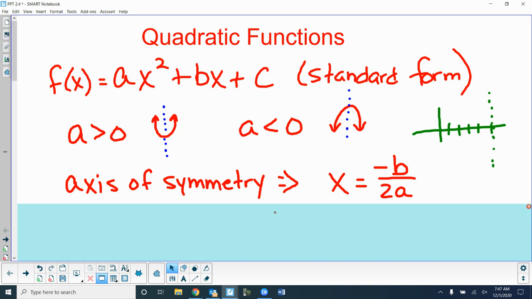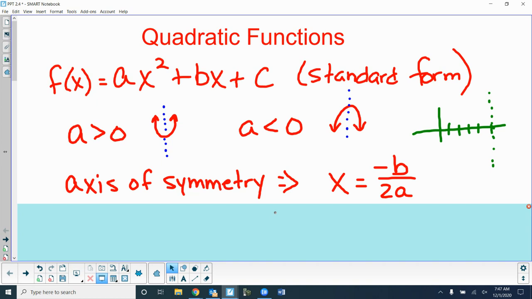Remember, when you have an equation of a line that's x equals, no y in it, we talked about this last week, it's a vertical line, okay? So we're just looking at parabolas that open up and down right now, when the x is squared. We've talked about when the y was squared, they open sideways, okay?